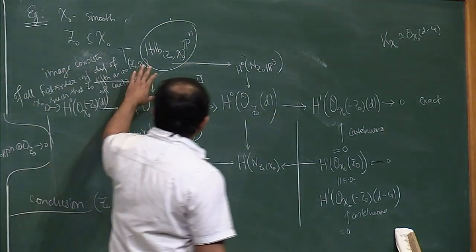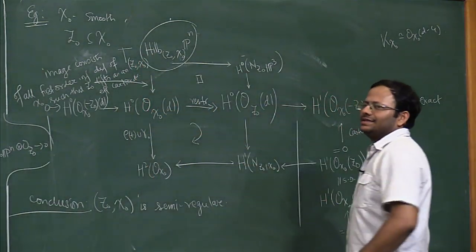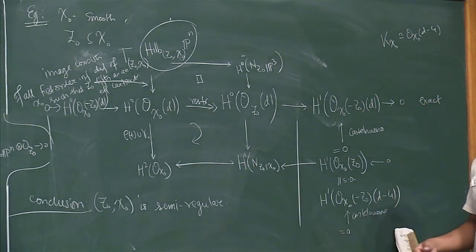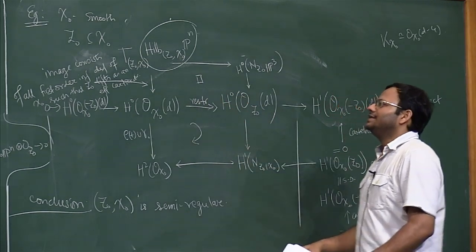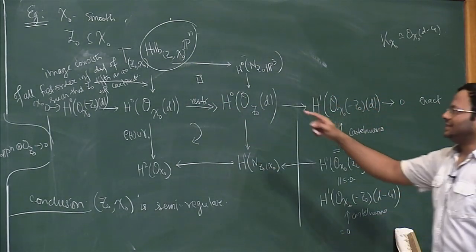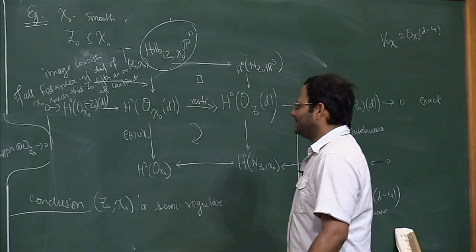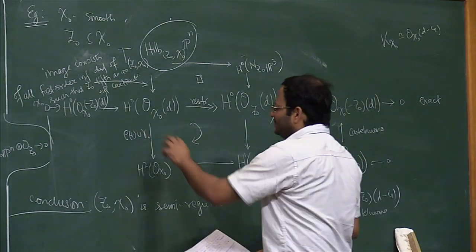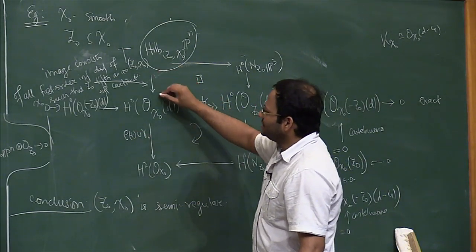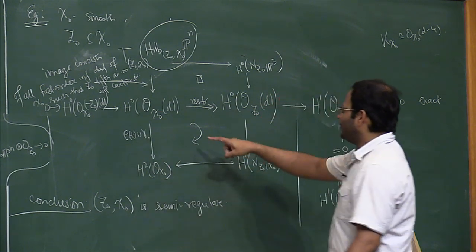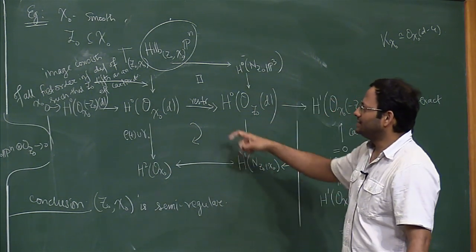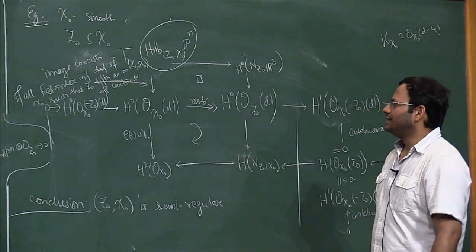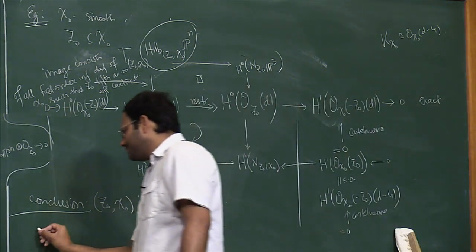So the image of this parameterizes all the infinitesimal deformations of this smooth projective variety such that z0 lifts as an effective Cartier divisor. And now you just have to check that the image of this is actually the kernel of this. And for this, you just need the injectivity of this, the exactness of this, and the surjectivity of this. So check.